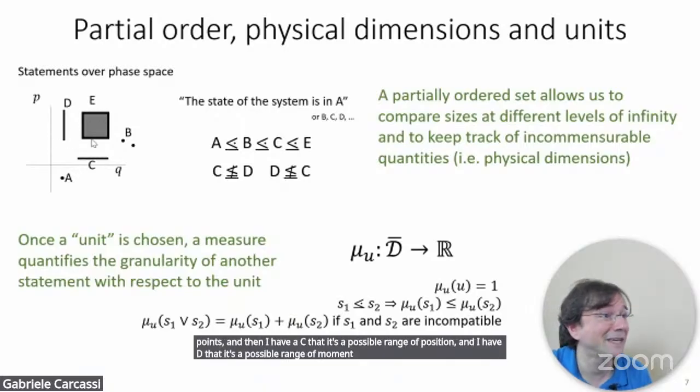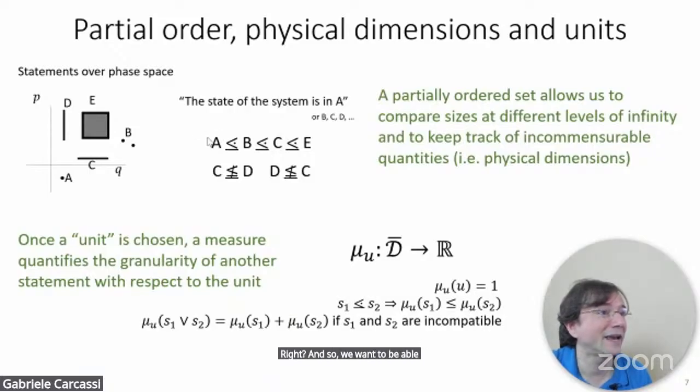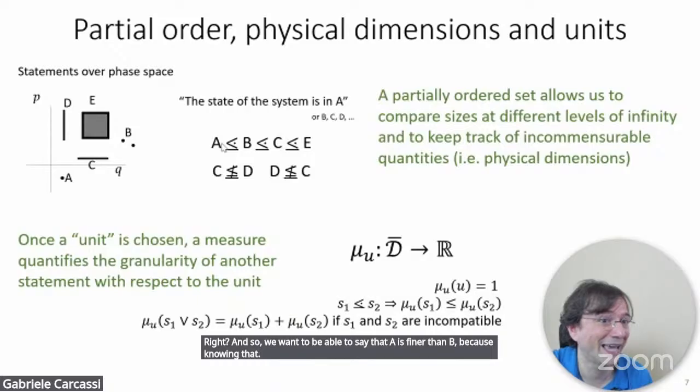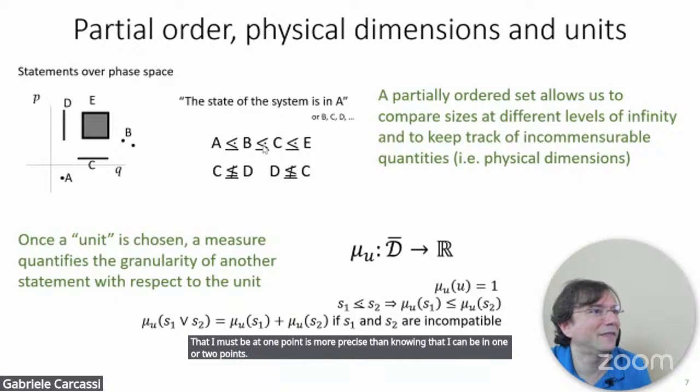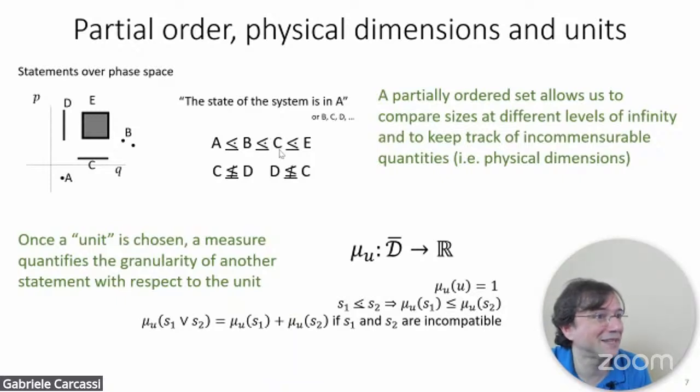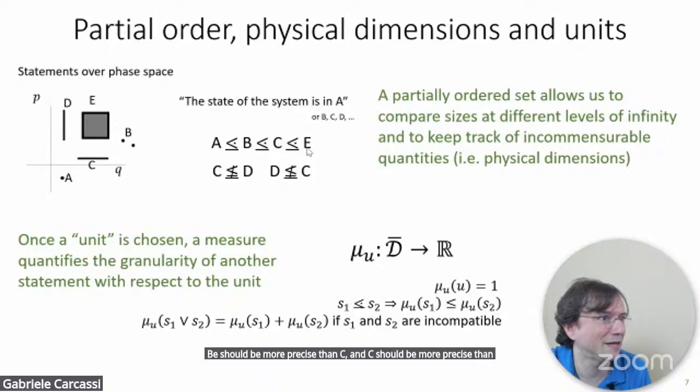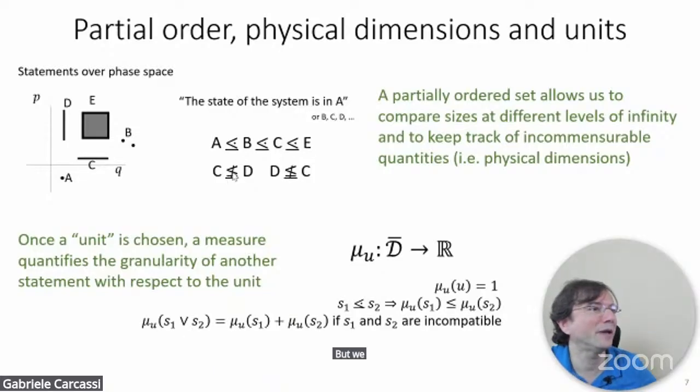And I have E that it's a possible range in position and momentum, right? And so we want to be able to say that A is finer than B because knowing that I must be at 1 point is more precise than knowing that I can be in 1 or 2 points. B should be more precise than C, and C should be more precise than E. A is finer than E. But we can't compare C and D.